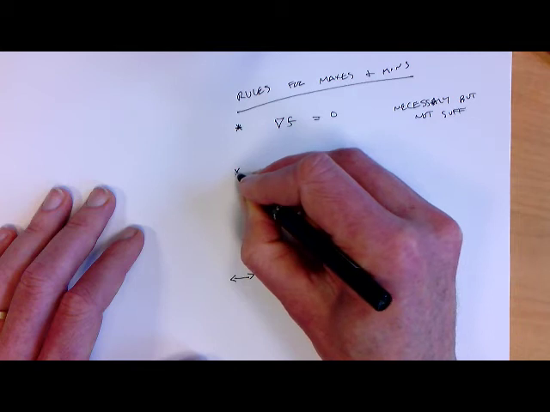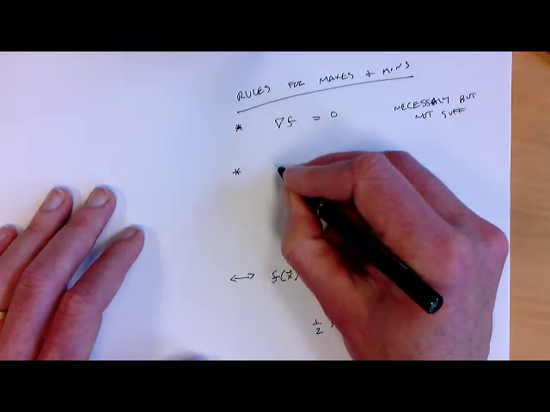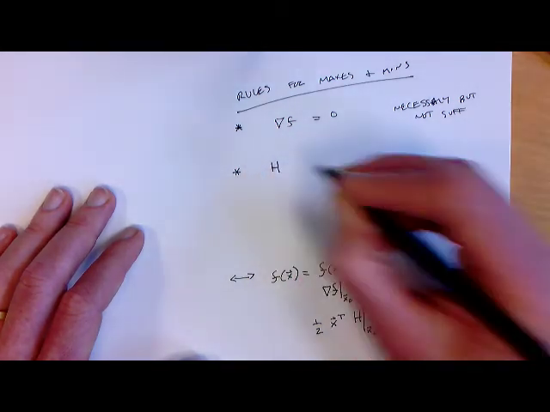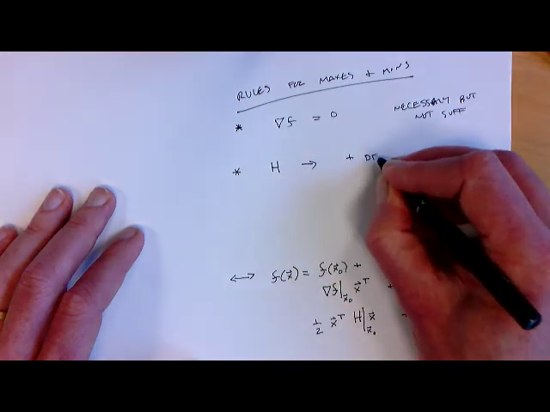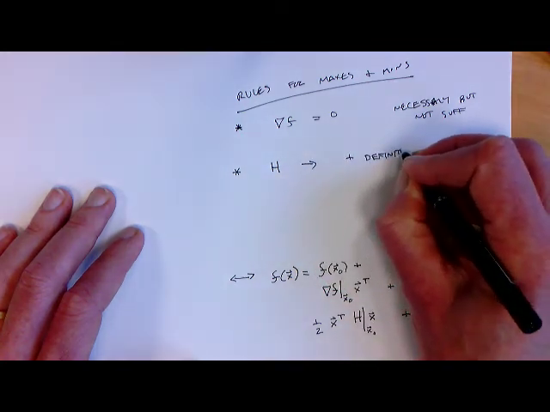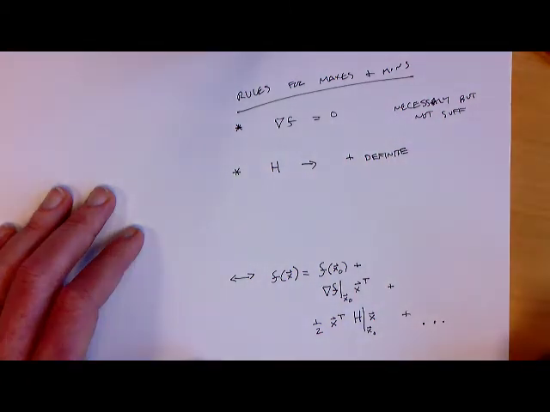It's also the case that the Hessian matrix could be positive definite, which means all of the eigenvalues are positive. If all the eigenvalues are positive, what does that tell you?